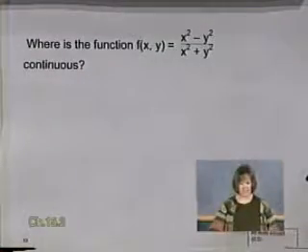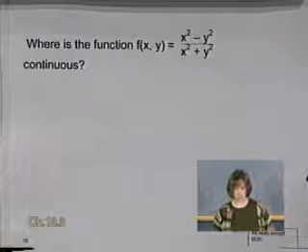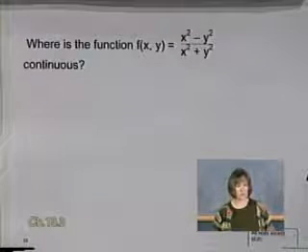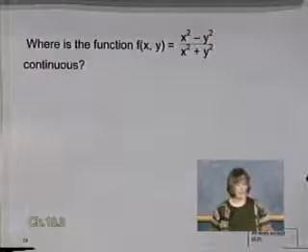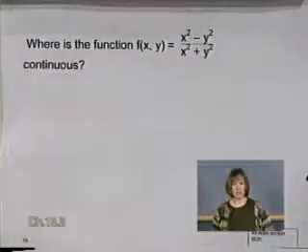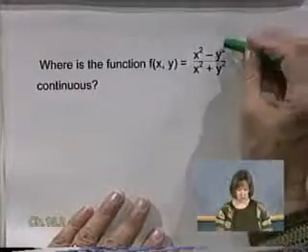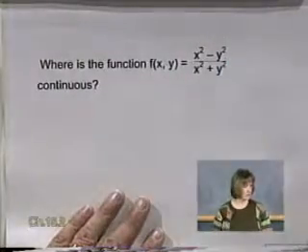So the question is, where is this function f(x, y) = (x² − y²)/(x² + y²) continuous? As we said a few minutes ago, a rational function is continuous on its domain. I look at this function, I say that's a rational function, a ratio of two polynomials, right?